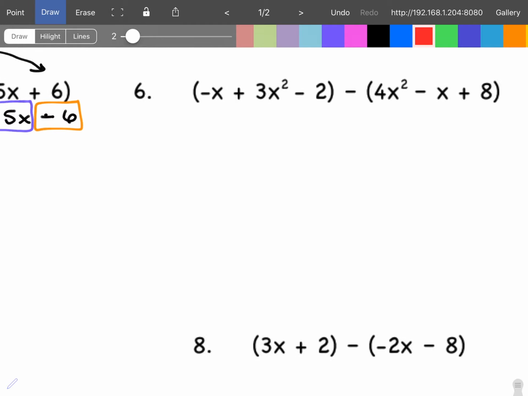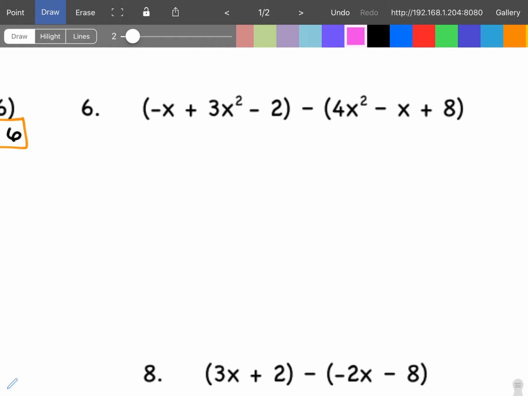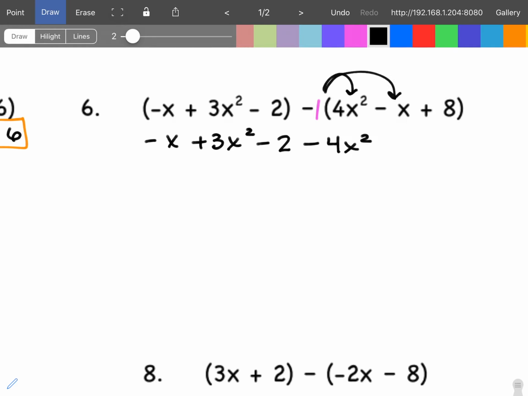Okay, let's see how you did on number 6. Okay, so I'm going to distribute this minus here. So I'm going to bring down my negative x plus 3x squared minus 2 minus 4x squared plus x minus 8.